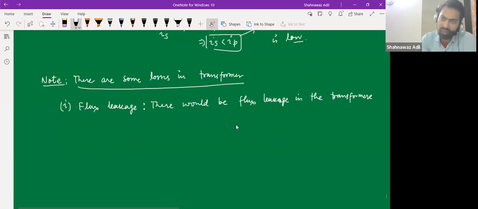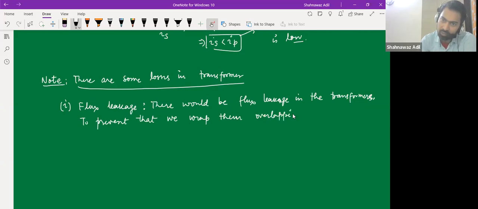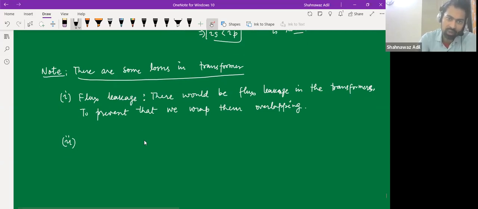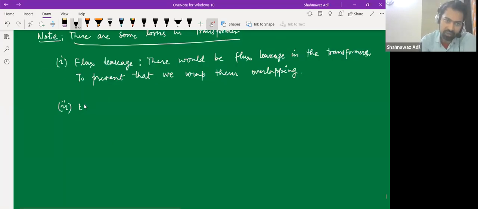So there would be flux leakage in the transformers, and to prevent that we wrap them and overlap them. And there could also be some eddy currents.